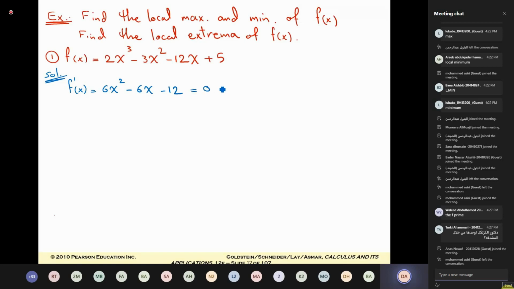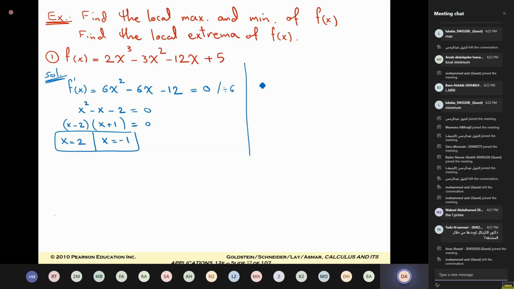By dividing by 6, we have x squared minus x minus 2 equal 0, and we can find the solution of this quadratic equation: (x minus 2)(x plus 1). So we have x equal 2 and x equal -1. This is the critical value.